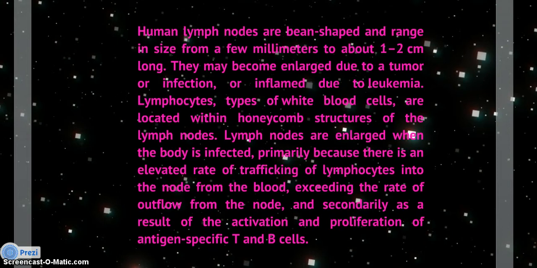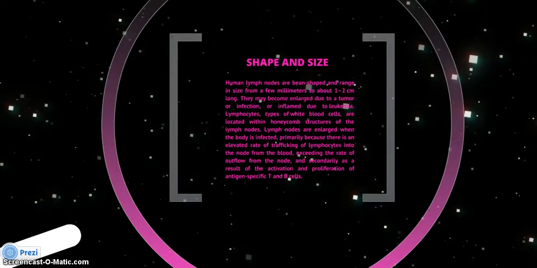Lymph nodes are enlarged when the body is infected, primarily because there is an elevated rate of trafficking of lymphocytes into the node from the blood, exceeding the rate of outflow from the node, and secondarily, as a result of the activation and proliferation of antigen-specific T and B cells.